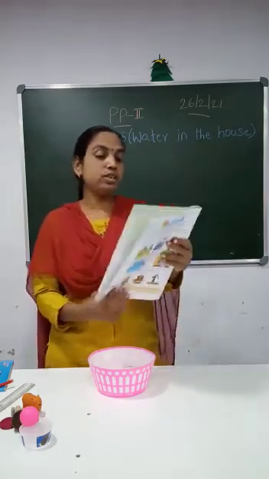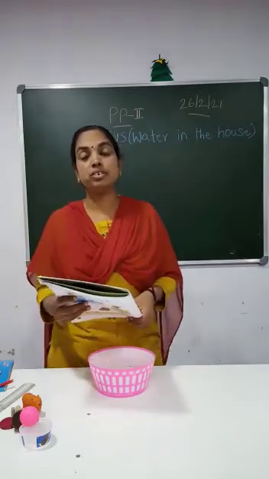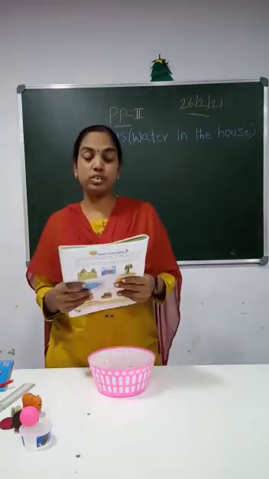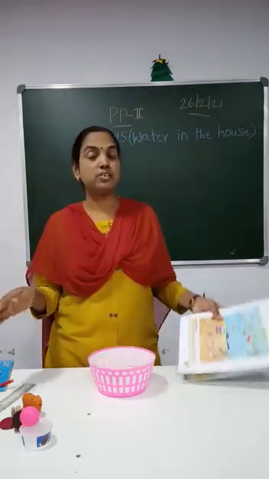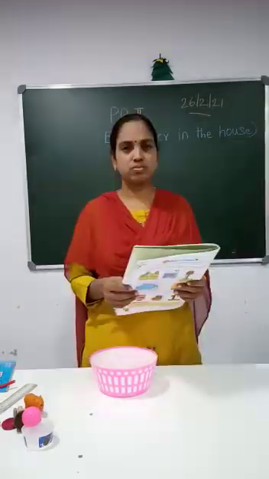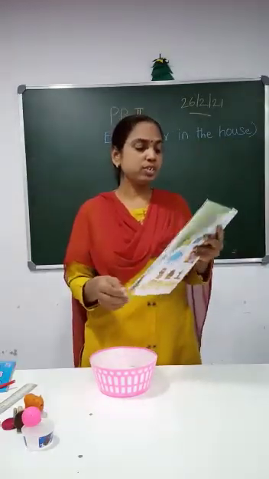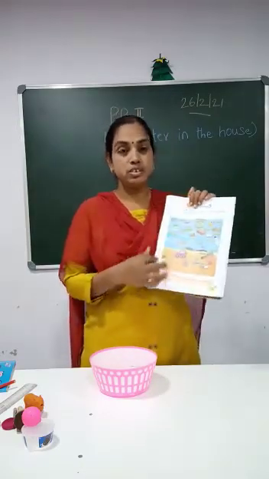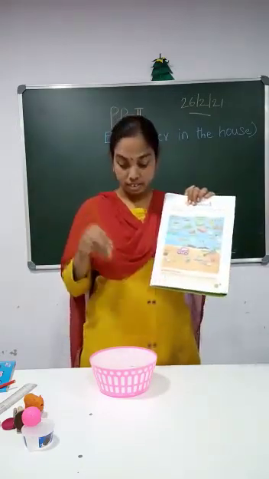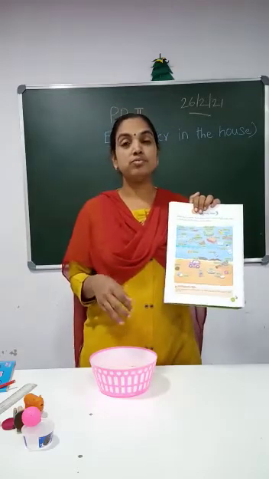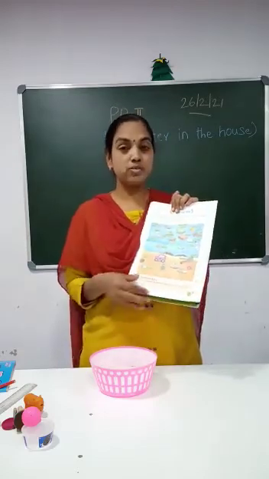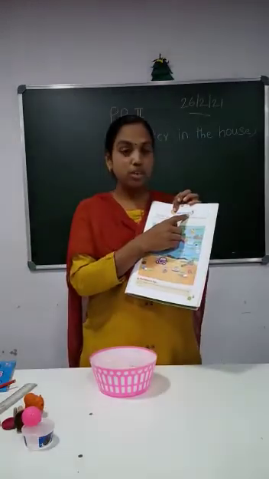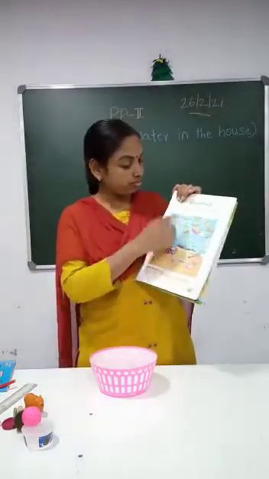Now we will see what all the things in the water are getting sunk. Sink means it will go inside, and float is the opposite. Now we are going to see here sink and float. Sink is the things which get sunk in the water. We'll see which are the things which will sink in the water and which are the things which will float in the water.